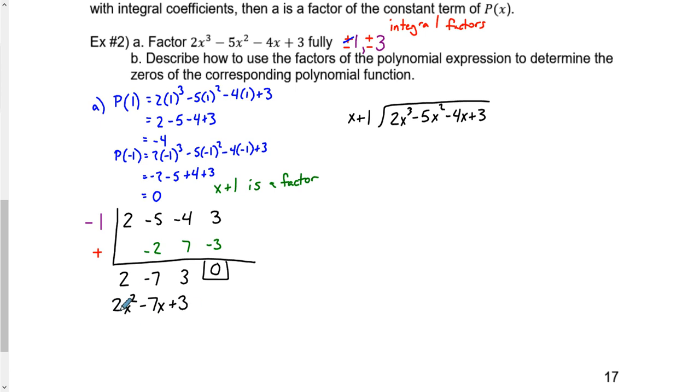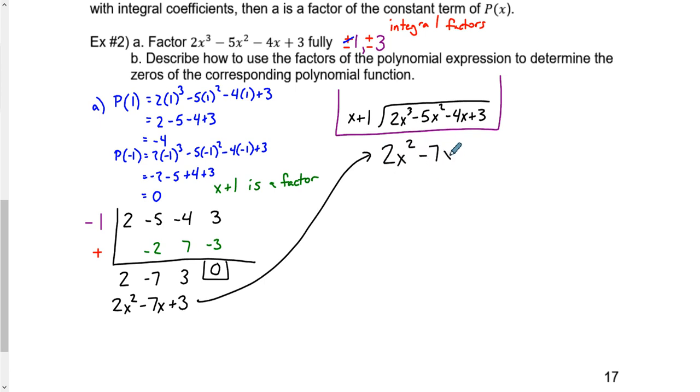This is complex factoring. Let's factor this one. So I'm just going to box this up. Let's factor our 2x squared minus 7x plus 3. By product and sum, product of 2 times 3 is 6, sum of -7.